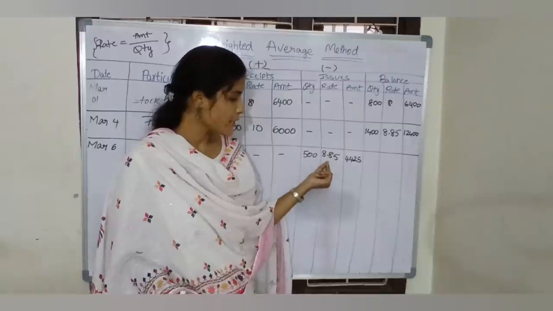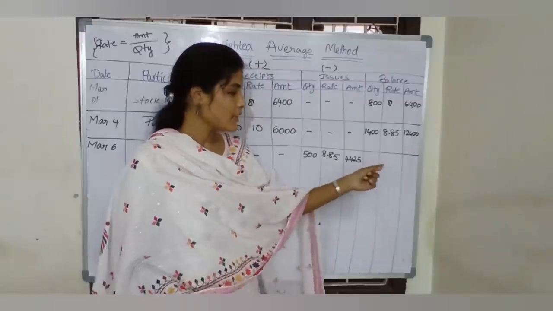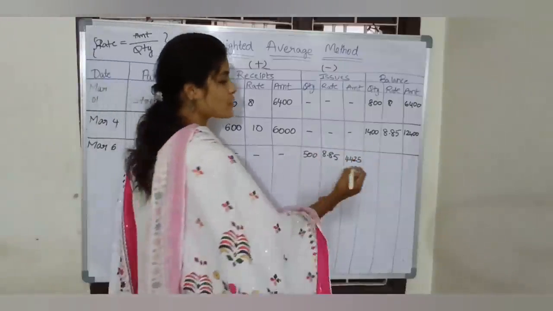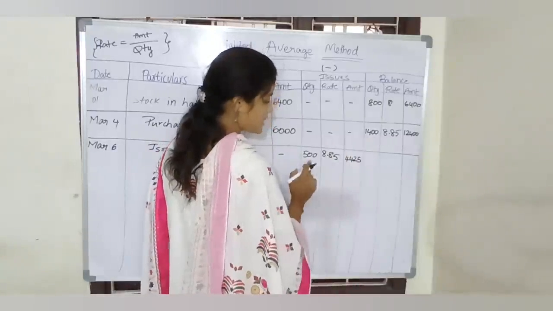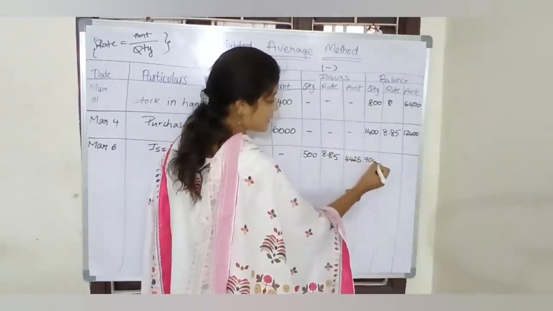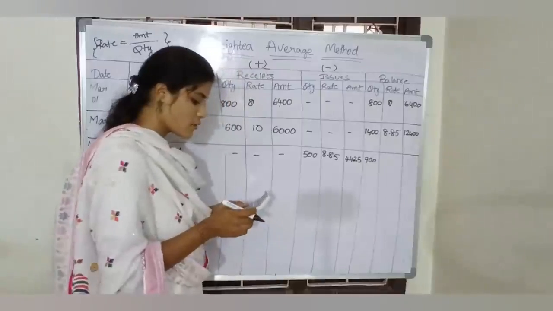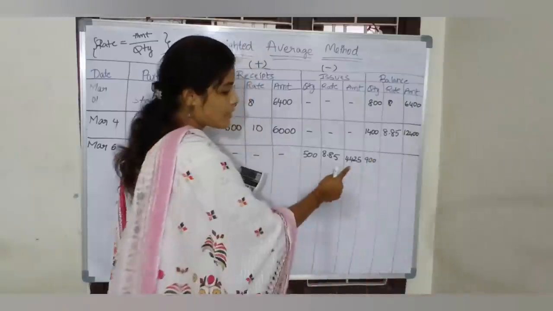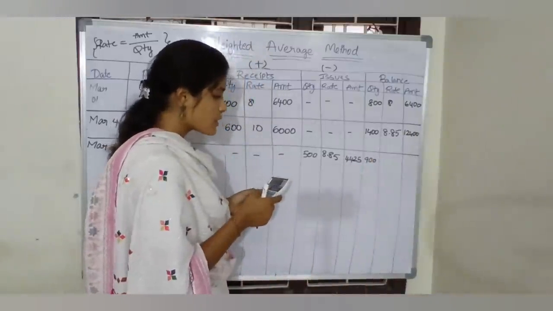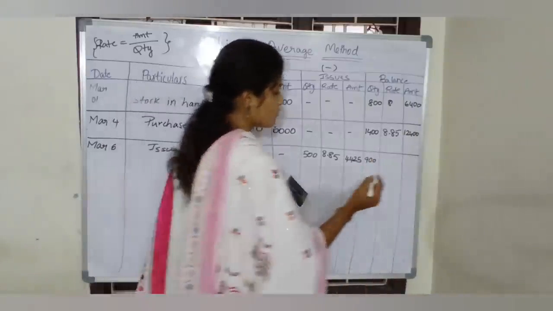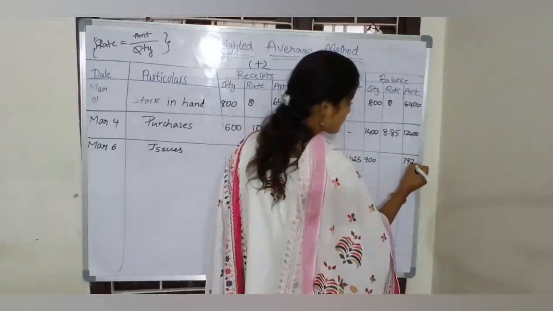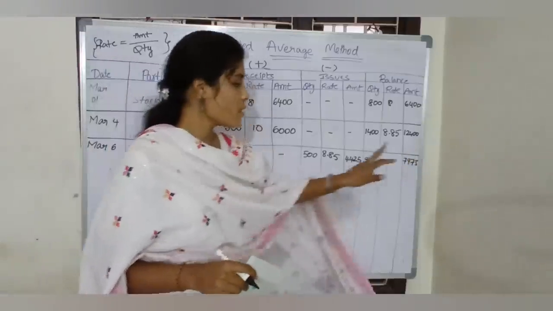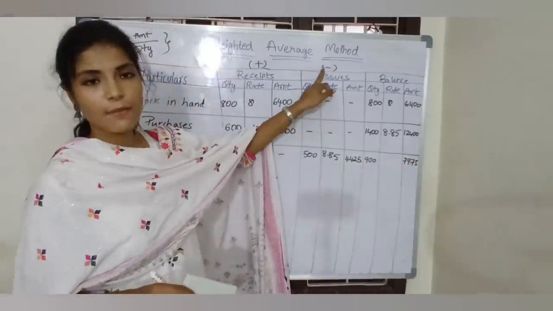500 into 8.85 is 4425. Now, out of 1400 we have used 500. What will be the remaining stock? 1400 minus 500 is 900. The stock amount we are having is 12,400. 12,400 minus 4,425 is 7975, which will be your answer. Quantity minus quantity, amount minus amount, because issues is nothing but minus.